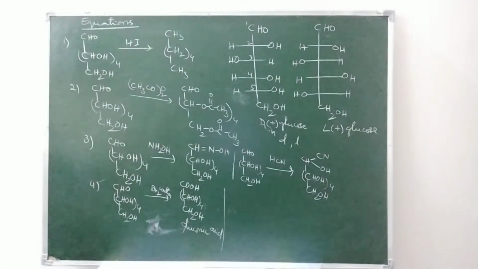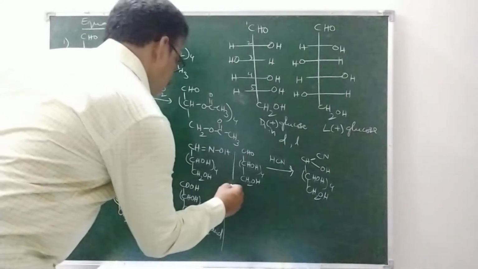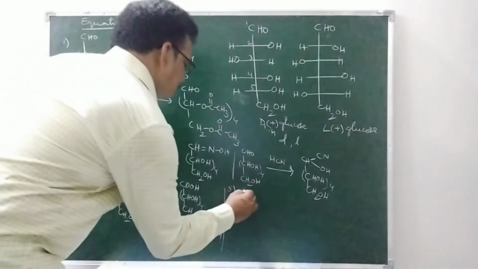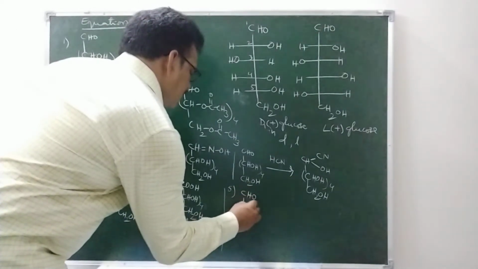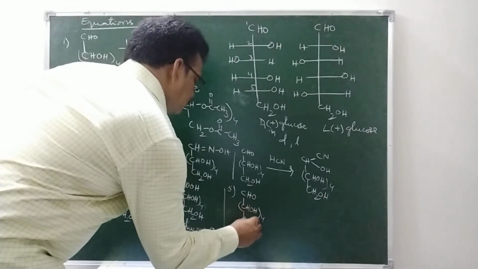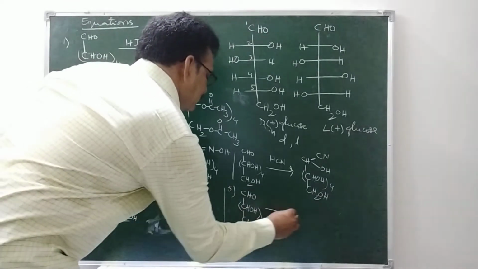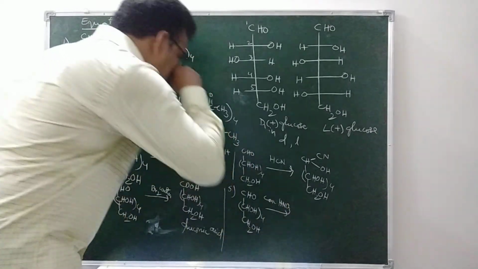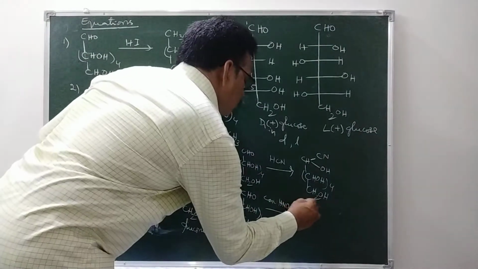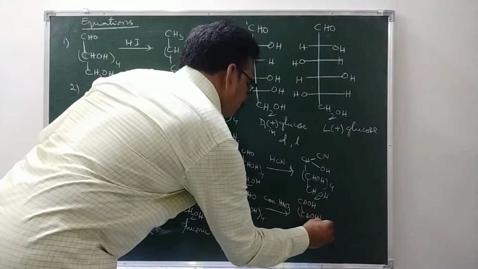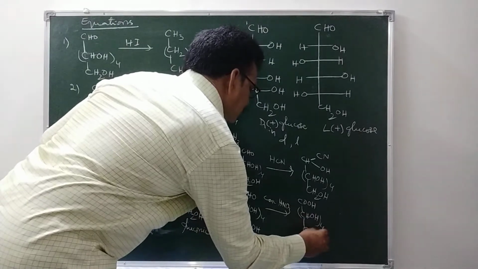Next, when it is treated with concentrated nitric acid, CHO, CHOH 4 times, CH2OH, when it is treated with concentrated HNO3, it gives COOH, CHOH 4 times, COOH.